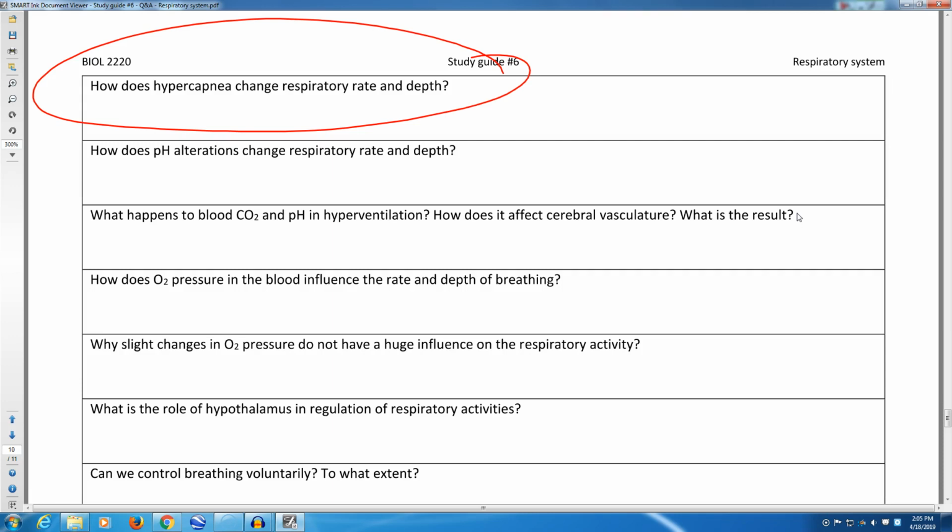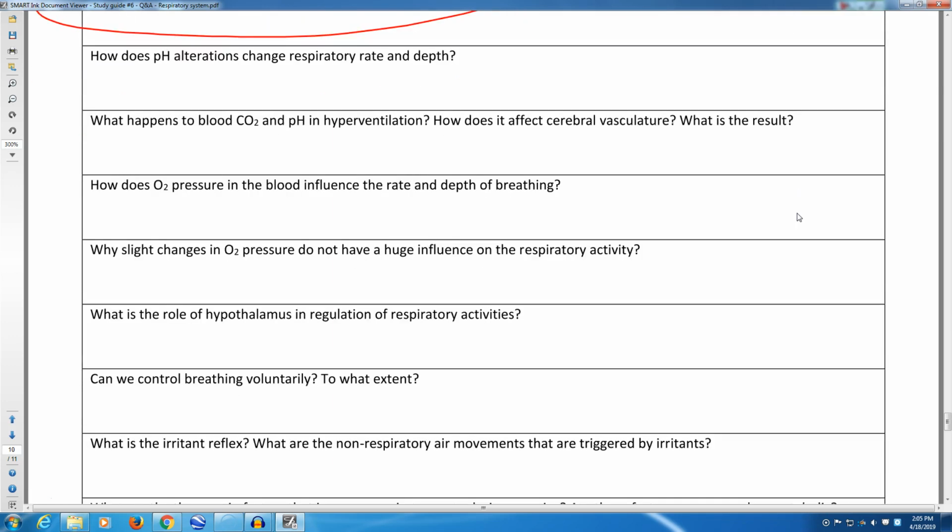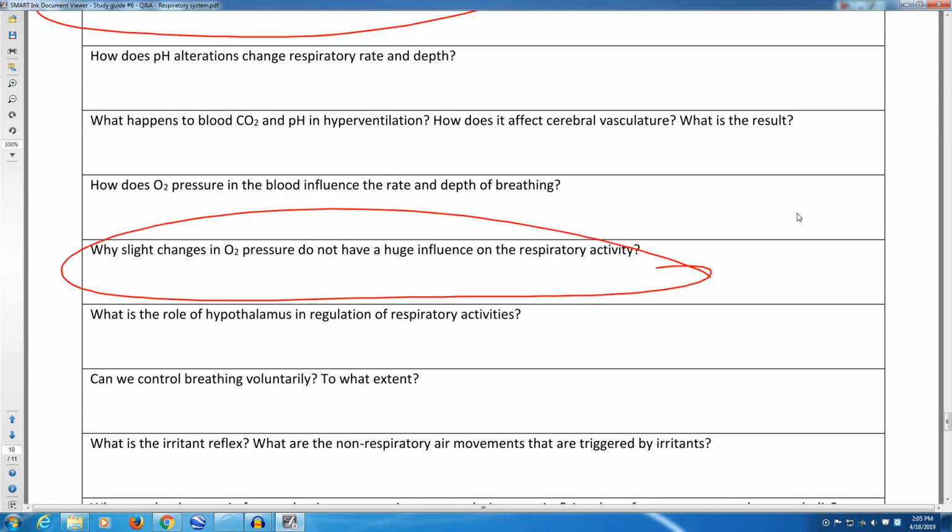Does that make sense? Well, if you have a lot of oxygen in the blood, you don't need to inhale anymore. And if you do not have enough oxygen, you really need to inhale it. Slight changes, no influence on the respiratory activity because you have venous reserve.